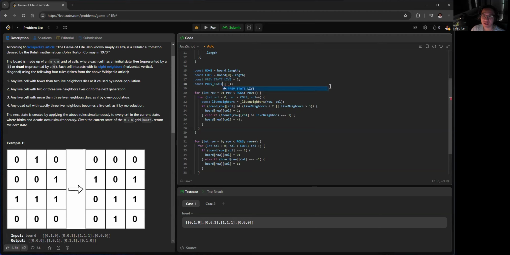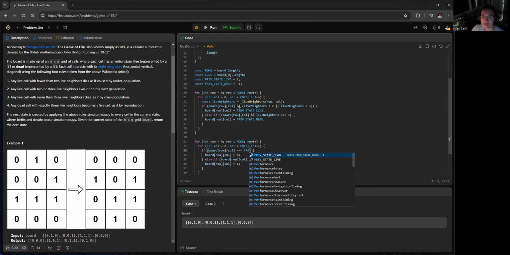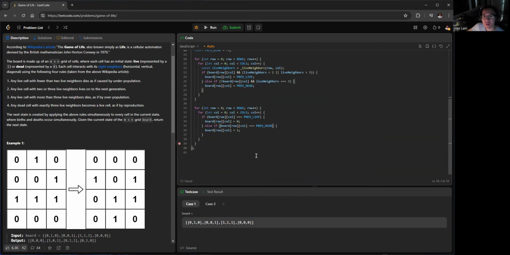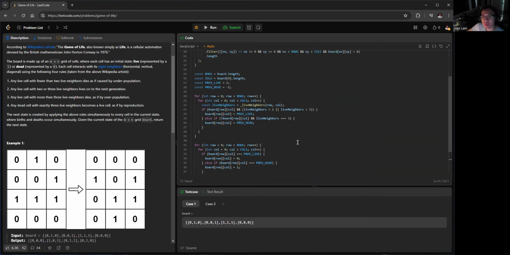And then previous state is dead. Right. So previous life and previous death.